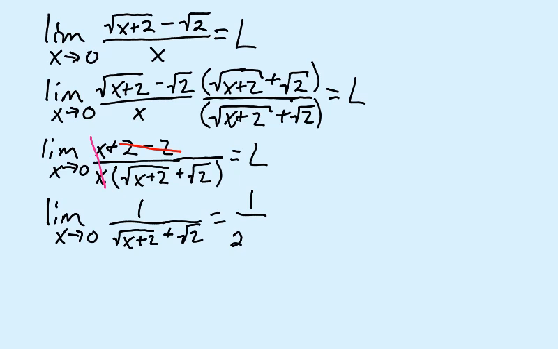Which, after I plug in 0 for x, I can end up with a 1 over 2 square root of 2, which I then need to rearrange into square root 2 over 4. The reason I need to rearrange it is because having a square root in the denominator of a fraction is considered improper. And I can show you exactly how I did that tomorrow.